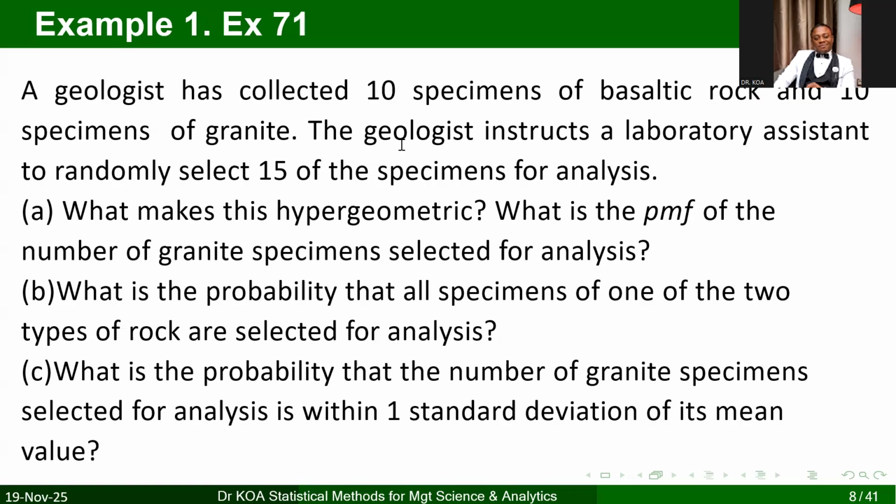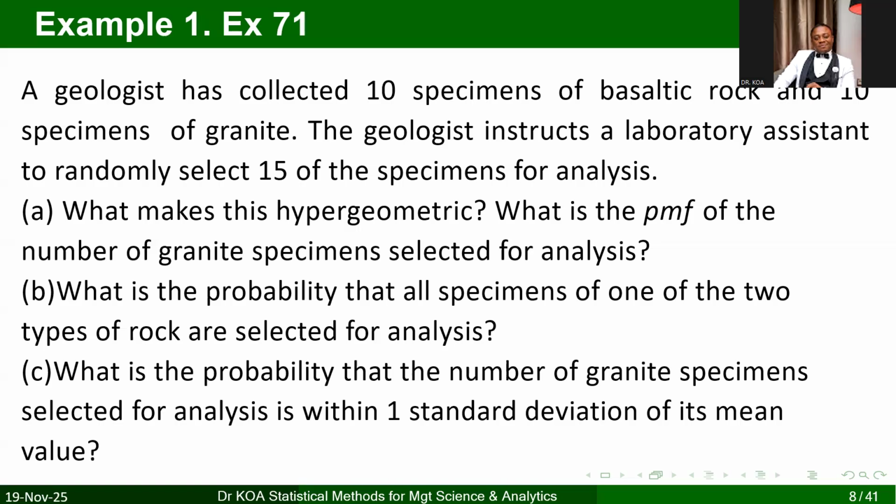Now, in this very question, what is a success? You are successful when you select what? For the first one, a granite specimen. Exactly. So the success is selecting a granite specimen. Take note. And there are how many granites in this population? 10. Good.